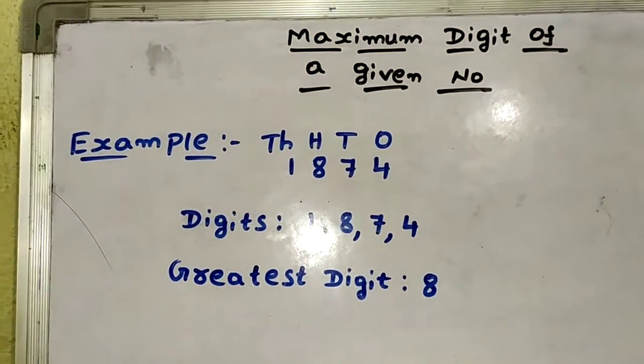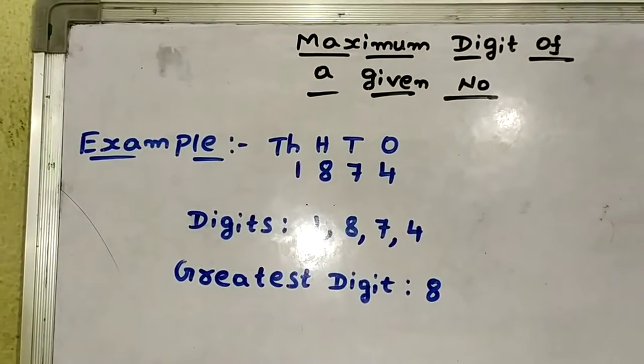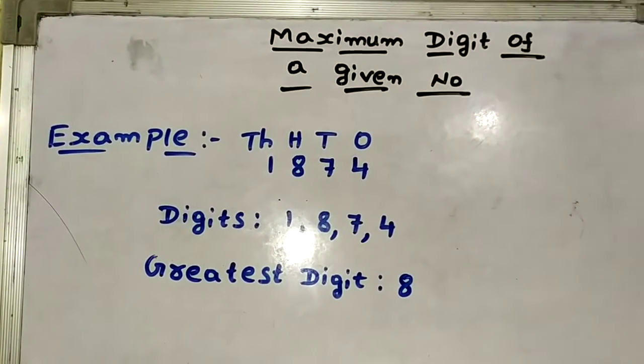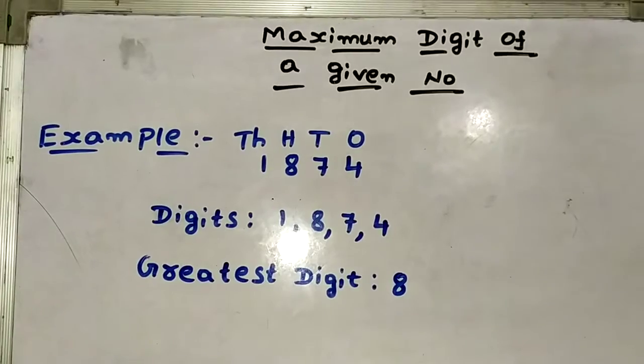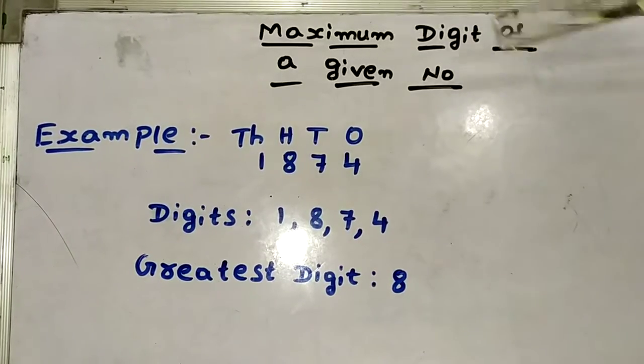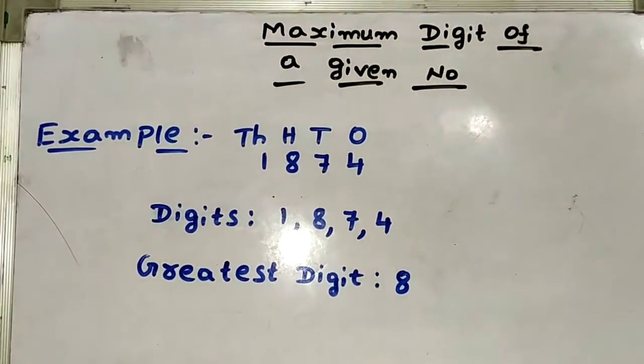Now, we are going to see the logic that we are supposed to follow in order to find out the maximum digit of a given number.